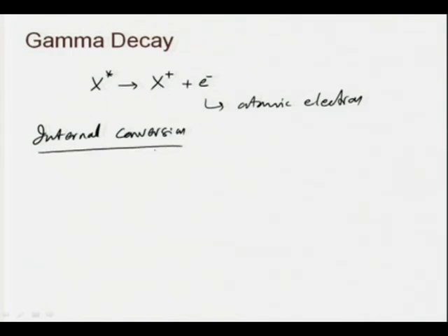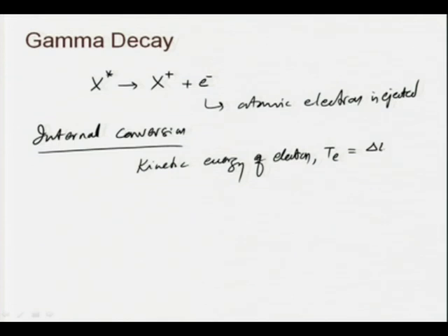Okay. So, if I look at the kinetic energy of the emitted electron, let me denote it by T, that is equal to the excitation energy minus the binding energy.